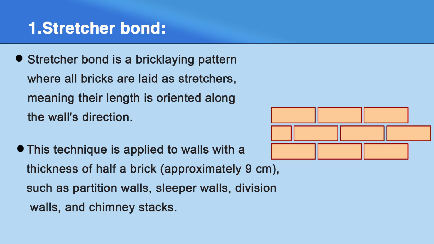Second comes sleeper walls, low height walls that are designed to support the joists of ground floors in buildings, very often found in structures with suspended wooden floors. So, there we go for sleeper walls.